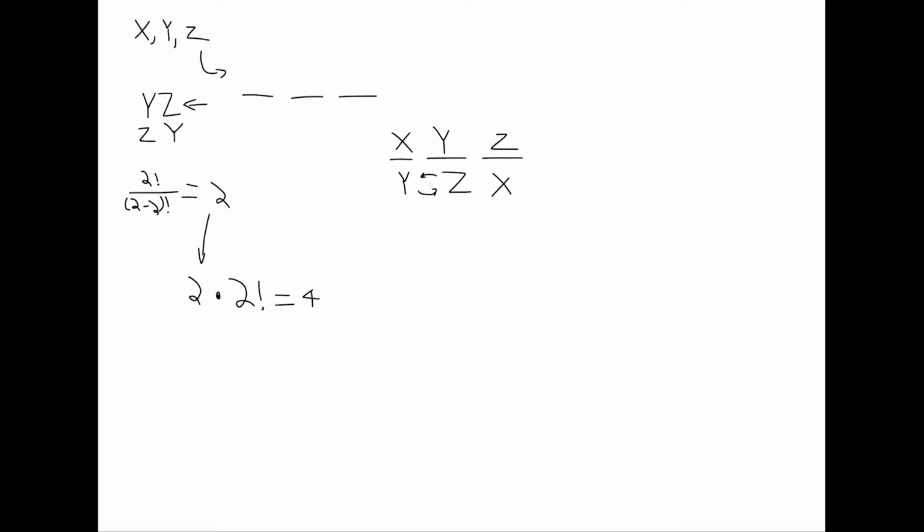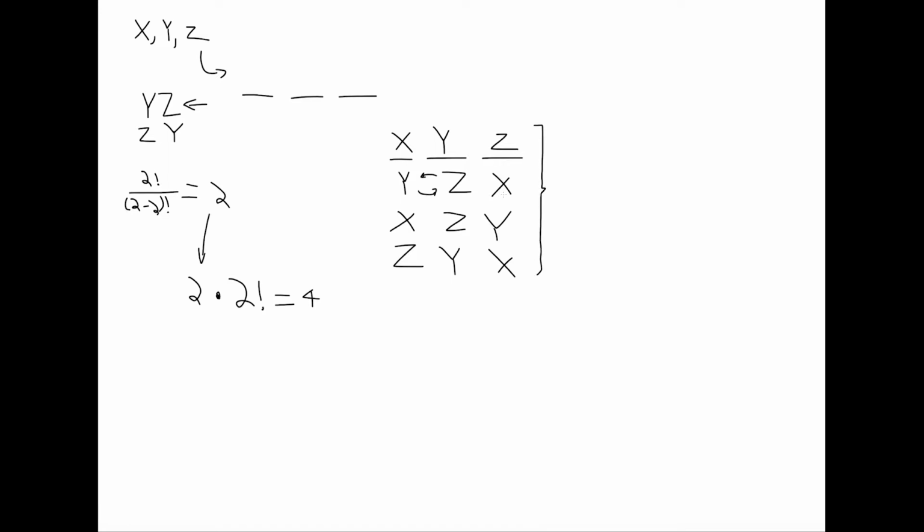So this y and z here, you can reorder it 2 factorial ways. So now you have a whole new set of things. So you can go x, z, y now, right? And you can also go z, y, x. So if you just saw what I did, instead of x, y, z, it's x, z, y. I just switched these 2 around. And now we have 4 permutations.